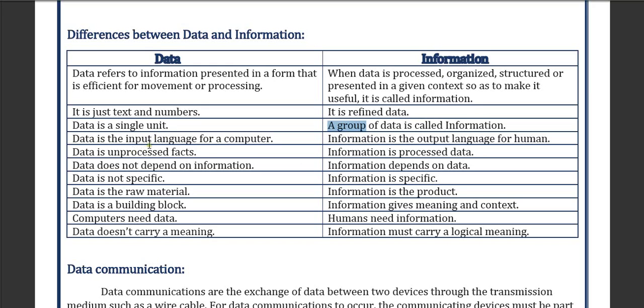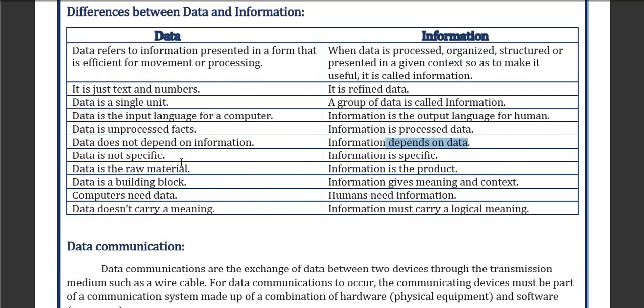Data is the input language for computers, but information is the output language for humans. Data is unprocessed, but information is processed. Data does not depend on information, but information depends on data. Data is not specific, but information is specific.